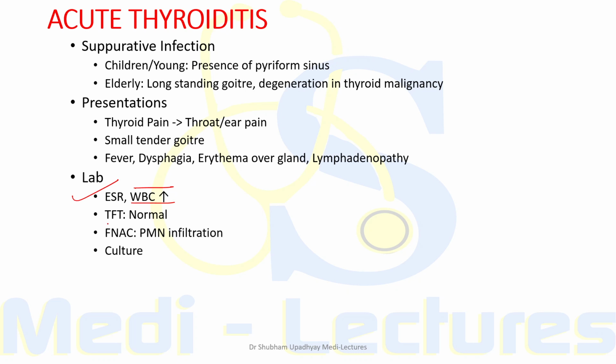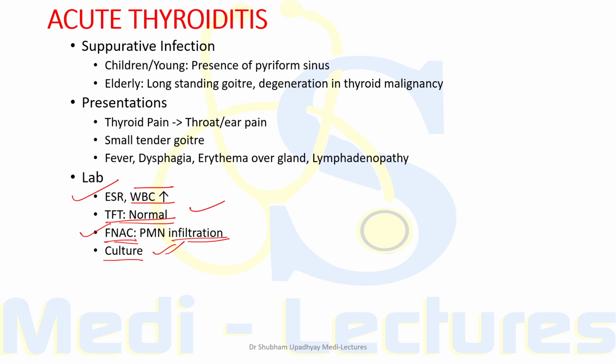So the thyroid function test will be normal throughout this condition. We can do FNAC, which will show predominantly polymorphonuclear neutrophil infiltration. Culture can be done for identification of the organism, and it is important to note that in an immunocompromised patient, causes can be fungal, mycobacterial, or pneumocystis. So we have to do the culture accordingly.